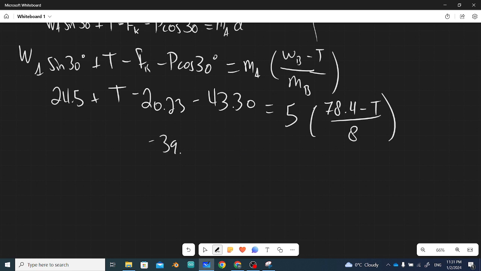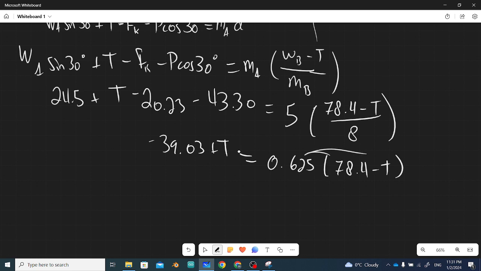That's minus 39.03 plus T is equal to, and then we'll just multiply that, so that's 0.625 times 78.4 minus T. Now we multiply that, so that's minus 39.03 plus T, and that's equal to 0.625 times 78.4, that's 49, and then minus 0.625 T.